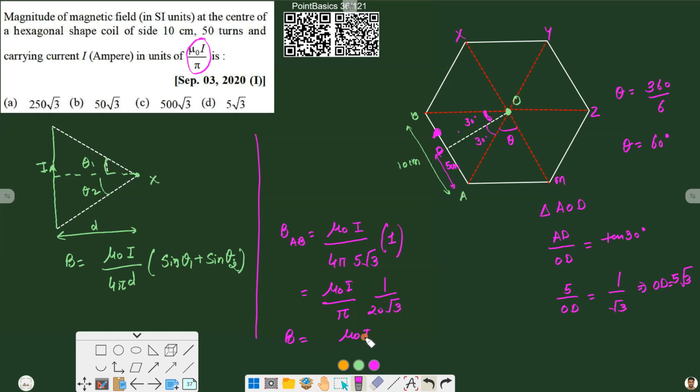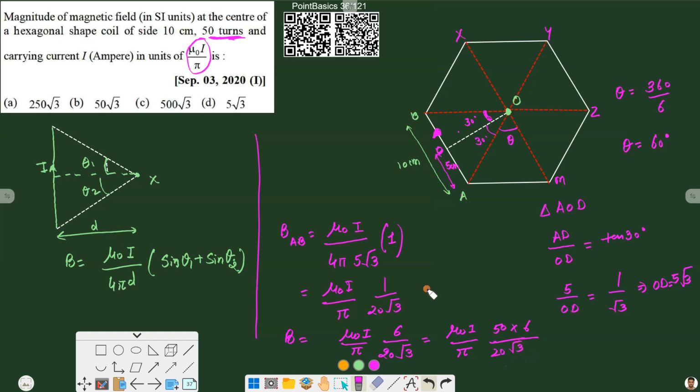So mu naught I by pi into 6 by 20 root 3. This will be the magnetic field due to one loop. And we have such 50 loops, 50 turns. So it will become mu naught I by pi into 50 into 6 divided by 20 root 3.